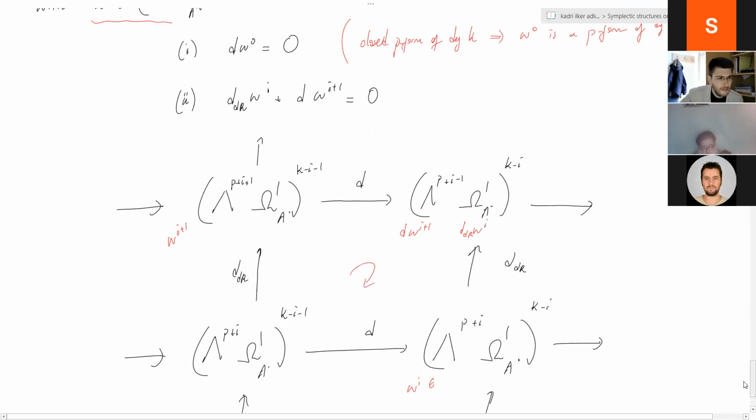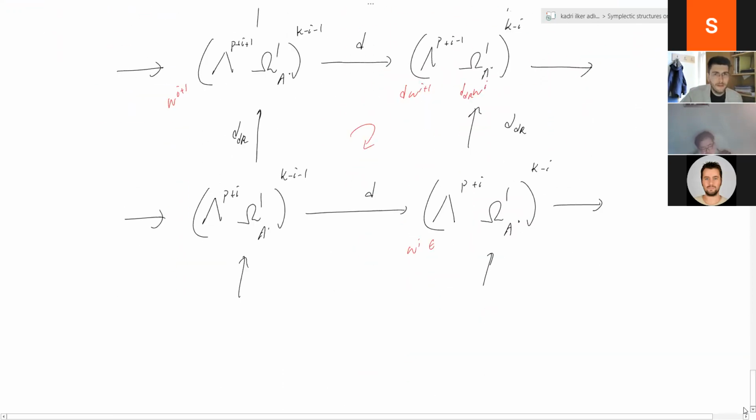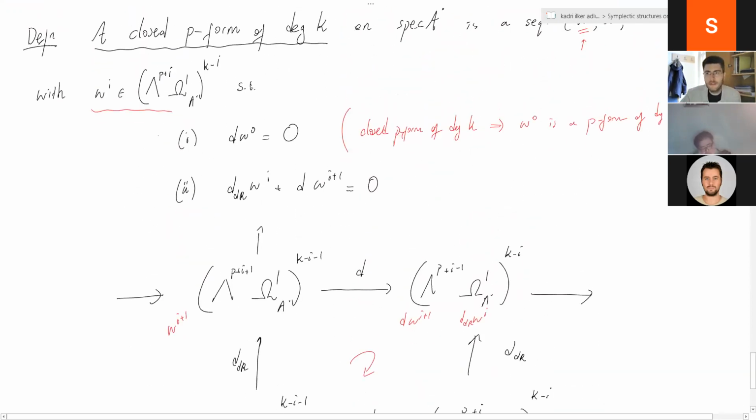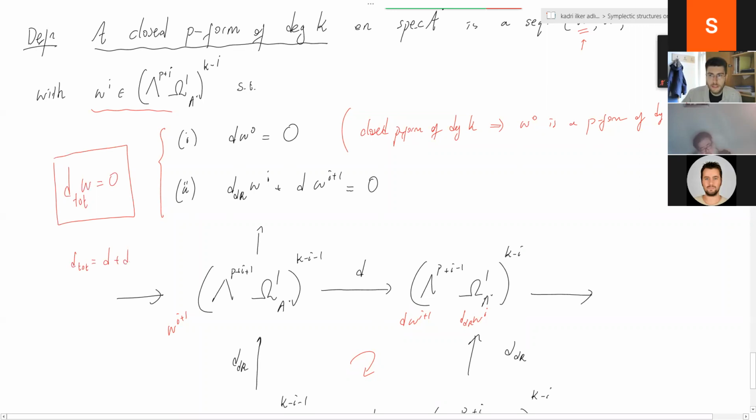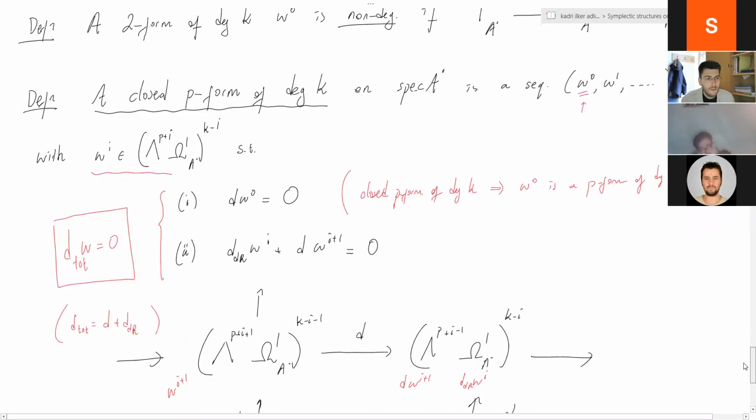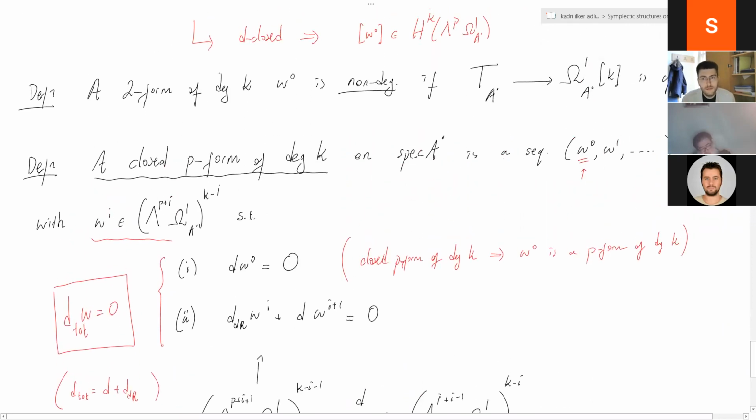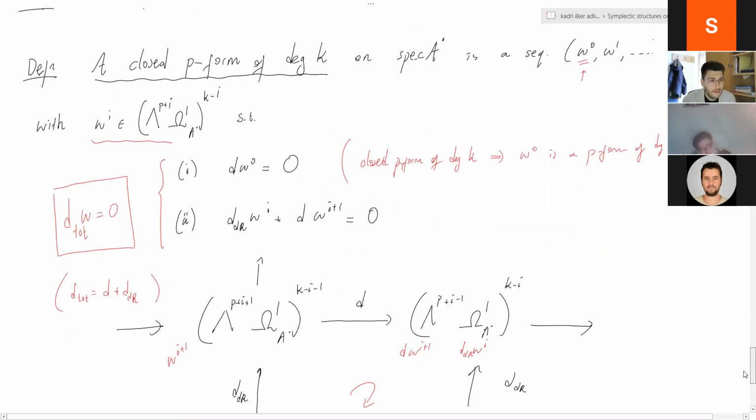By using the compatibility relation and d total, after some straightforward computation, this corresponds to d total omega equals 0. Remember, d total in the double complex is just d plus d de Rham. Therefore closedness is really related to d total, not d de Rham, because we have a double complex.